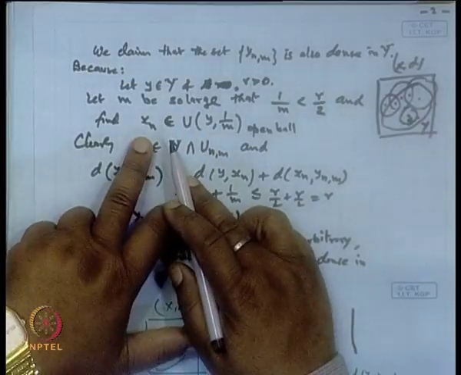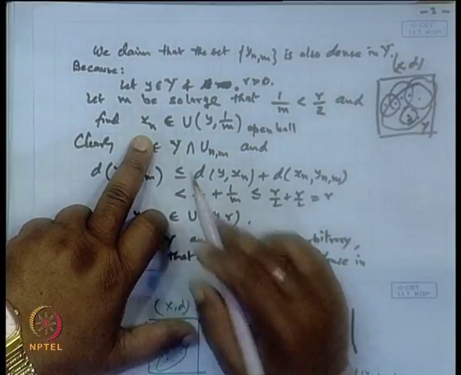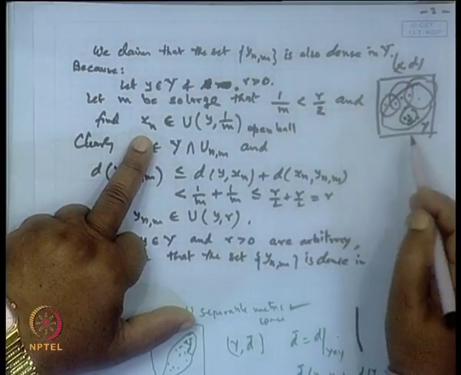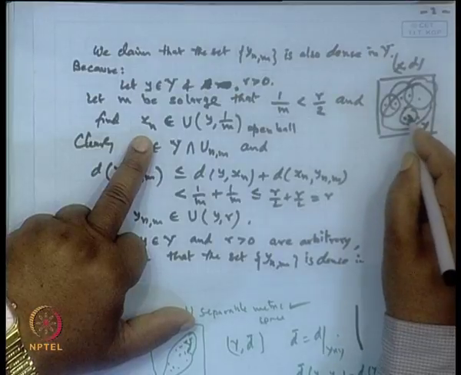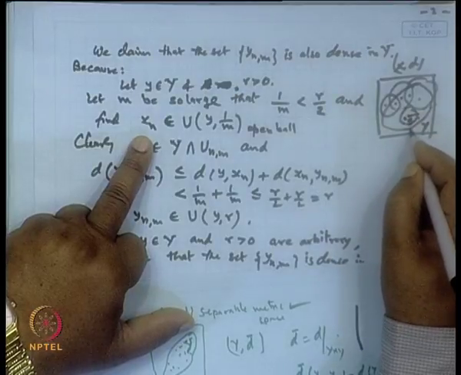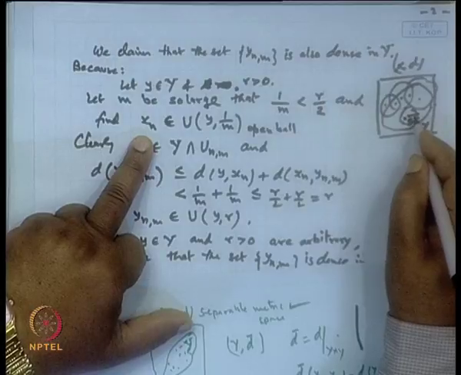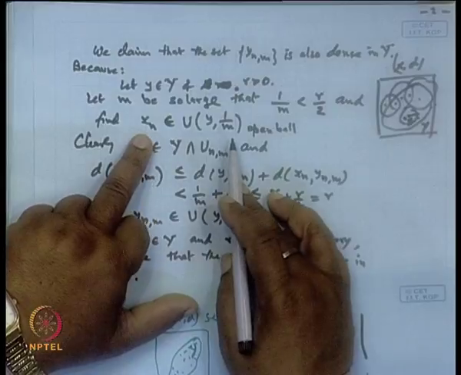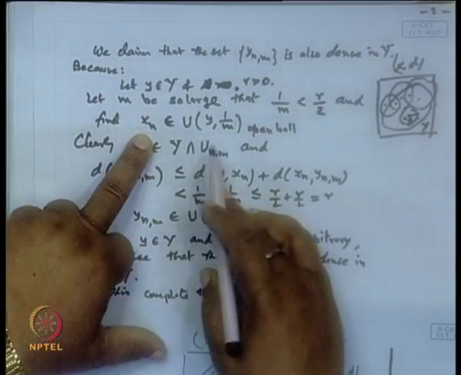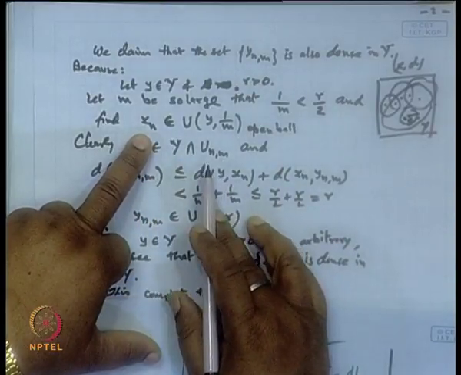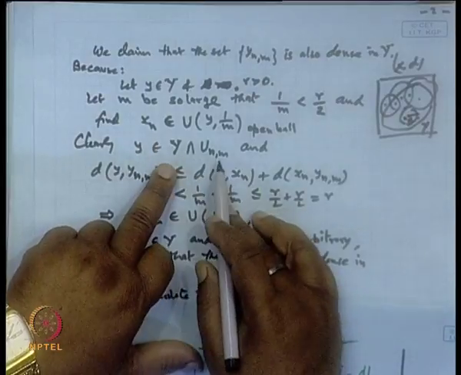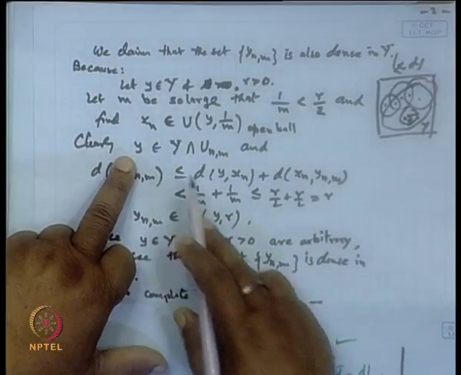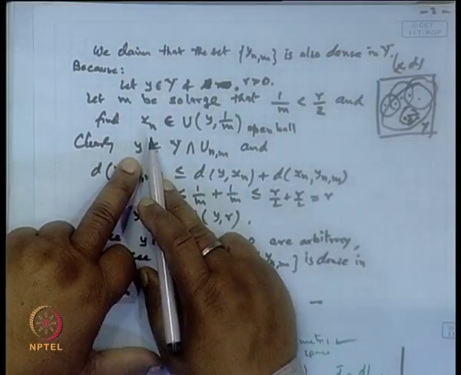Let one of these x_i's be x_n, a point that lies inside the ball centered at y with radius 1/m. But x_n centered with radius 1/m is U_nm. So, basically the intersection of Y and U_nm gives an element of Y. So, y_nm belongs to this class as well as x_n.